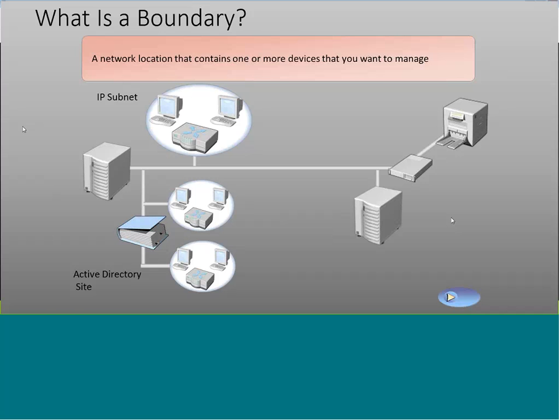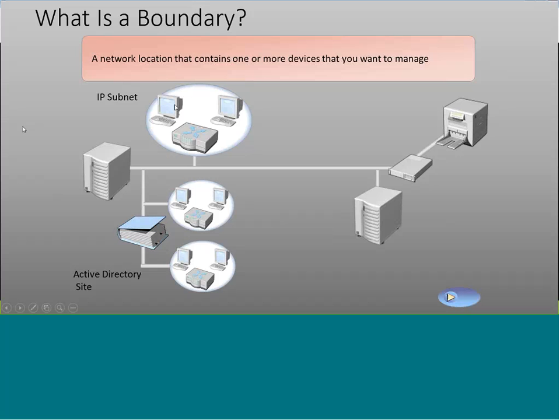Okay. So boundary. You can put the question to everyone. So what is a boundary? A network location that contains one or more devices that you want to manage. Maybe within our own huge branch, there are 3 or 4 subnets.